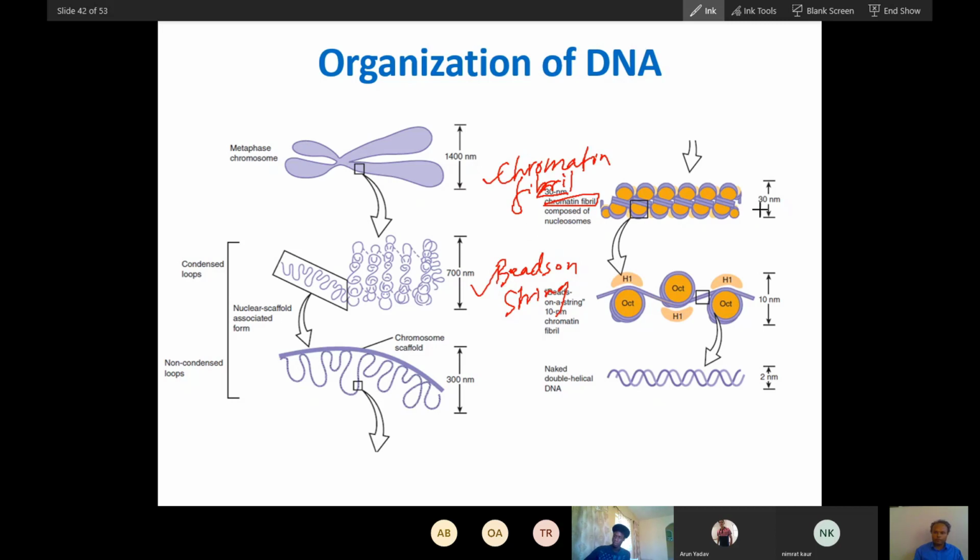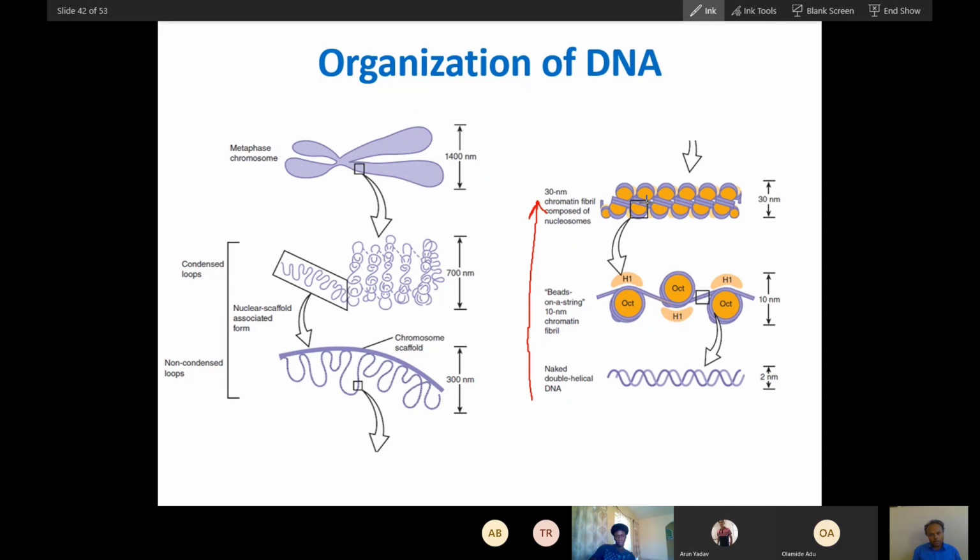Now this chromatin fibril will fold on a scaffold. What does a scaffold mean? It is a platform protein. It will fold on some platform.